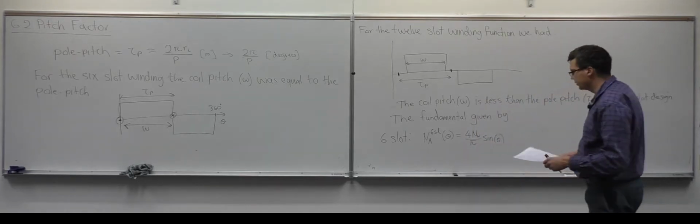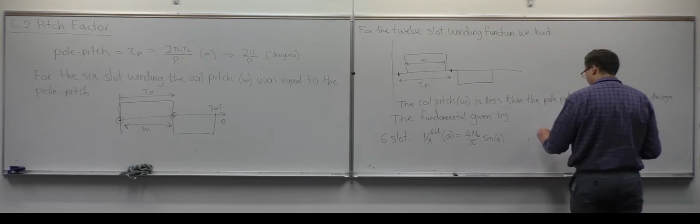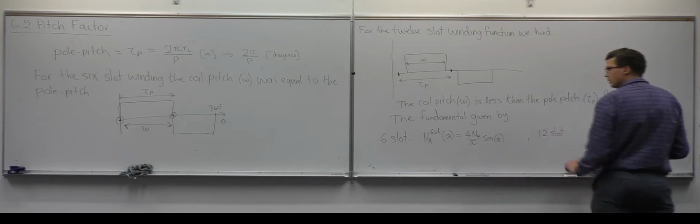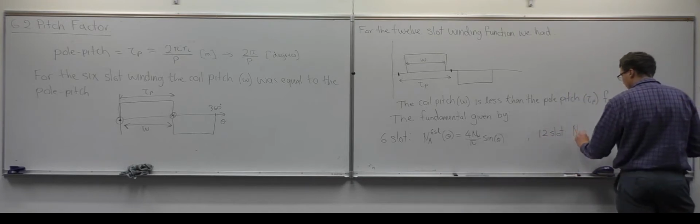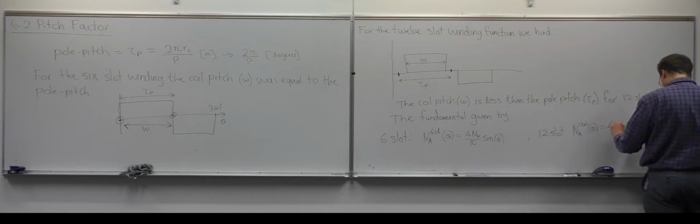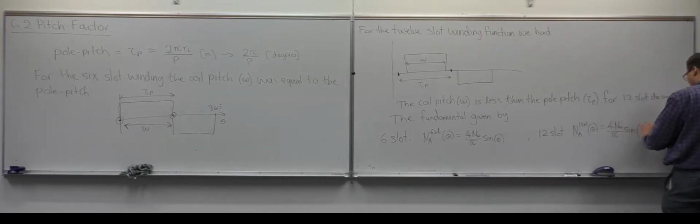But then for the 12 slot, the winding function was given by 4 NW divided by pi, and then we had the sine term here, sine 5 pi over 12 sine theta.